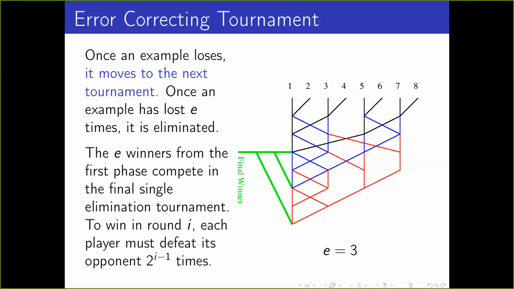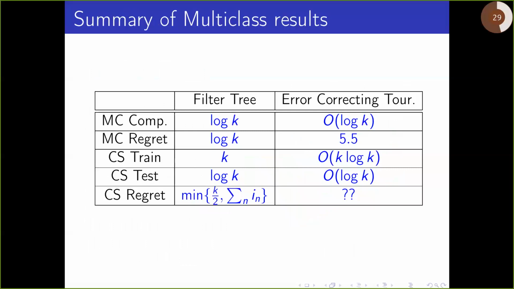Okay, so what can you prove? If you have a multi-class classification problem, you can do an error correcting tournament. You can prove that if less than 1 in 5.5 of your classifiers is wrong, you'll get the right answer at the end.